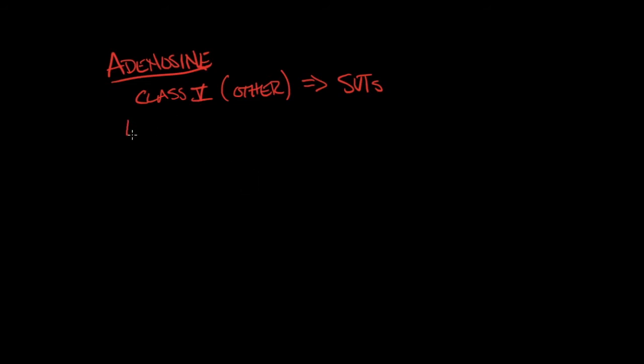Now, adenosine is a naturally occurring nucleoside. And because of that, it has receptors. So when adenosine stimulates those receptors on the cardiac cells, that's going to result in a decrease in electrical conduction.